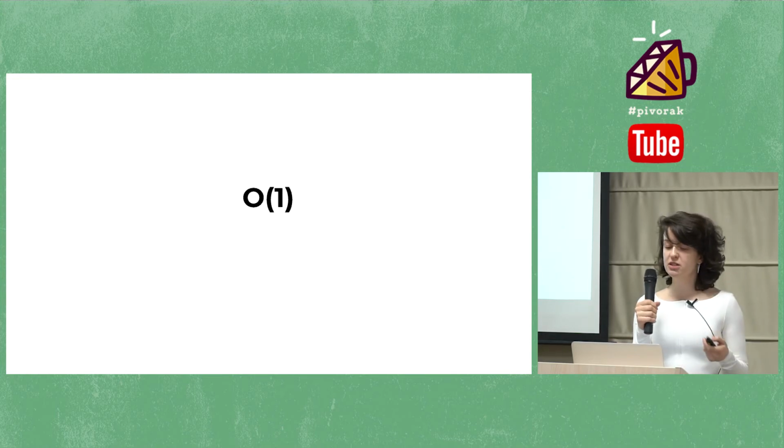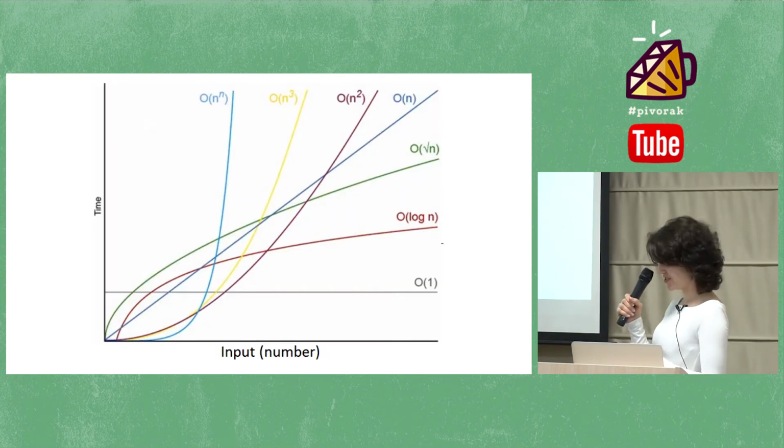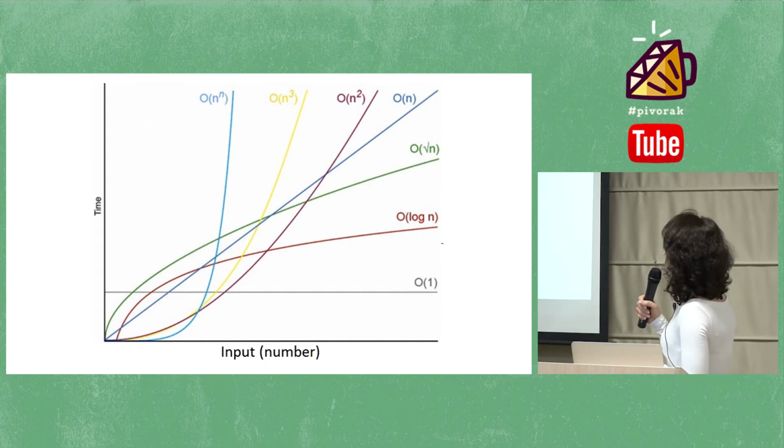So what if we took all of these complexities and plotted them on a graph? BigO notation says that the best complexity that we can get to is the constant complexity, this line over here. And then the next best one is log n, and then the n one.